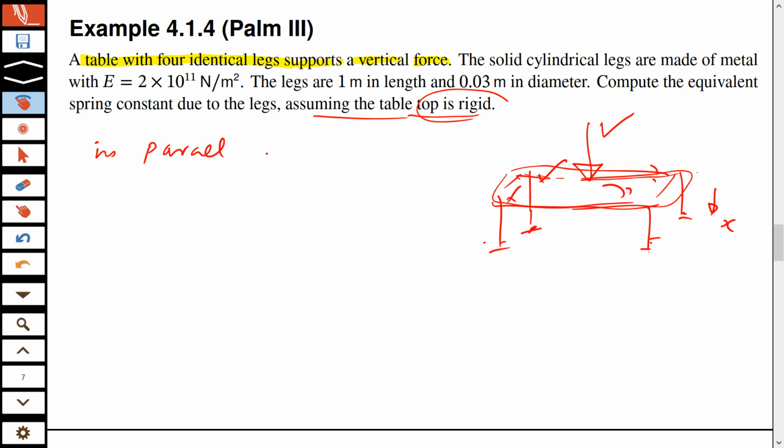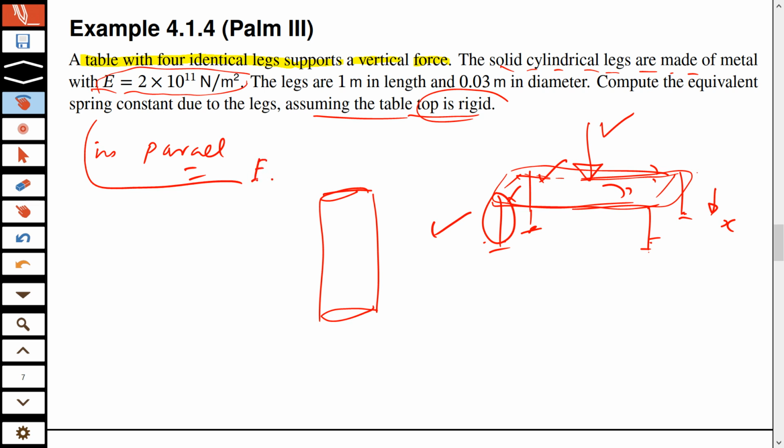So you have four legs in parallel, and each one of them, the solid cylindrical legs, are made of the metal with a given modulus of elasticity, which means that if you take any one of them, you will see a rod with modulus E, and each one of them has a length 1 meter, so L is 1 meter, and diameter is 0.03.